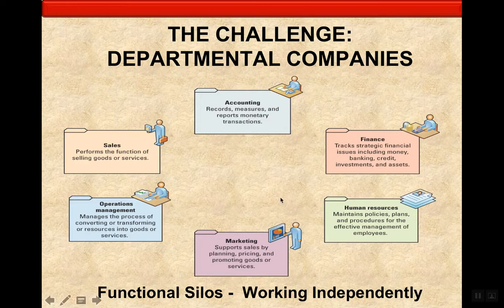So accounting does accounting, and only accounting. They are heads down focused on accounting. Human resources is focused on the people side of things. Marketing is focused on message generation, supporting sales, things of that nature.